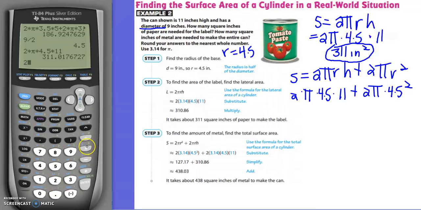All right, 2 times pi times 4.5 times 11 plus 2 times pi times 4.5 squared. Oopsie. Go back.